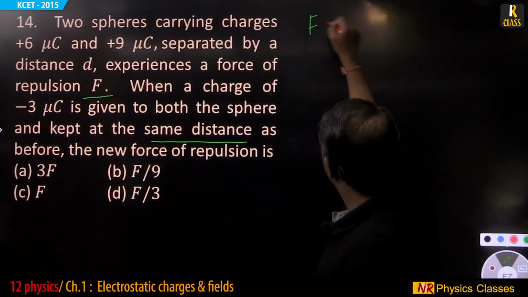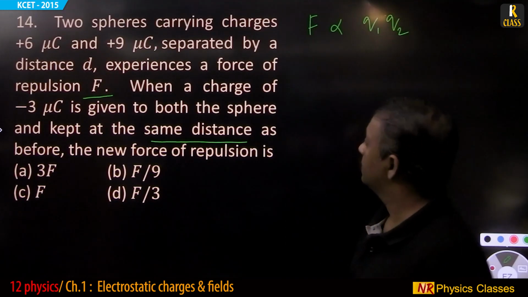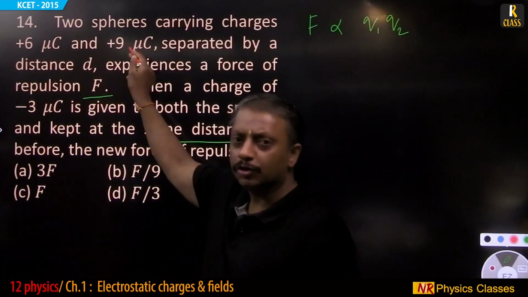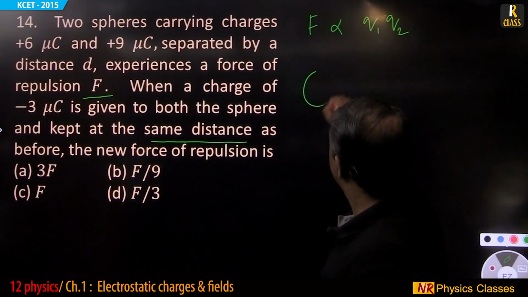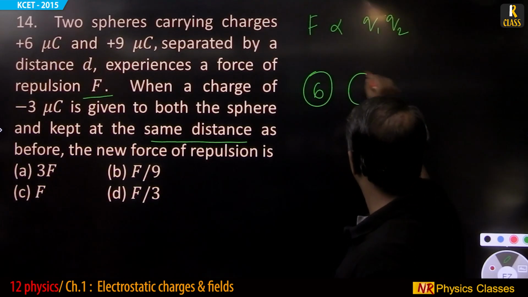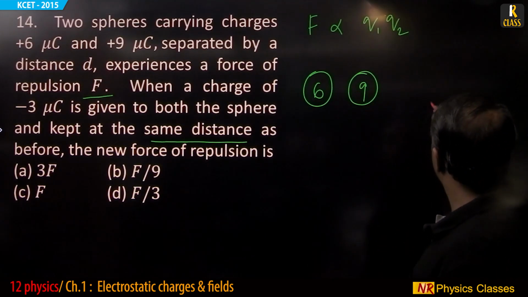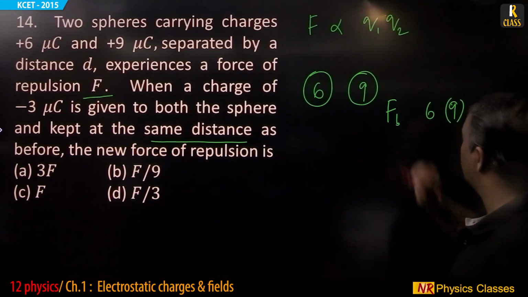So force is directly proportional to product of the charges. Fine. Initially 6 and 9, of course micro. You don't have to write micro every time. This is 6, this is 9. So product of the charges is 6 into 9. This is force before.